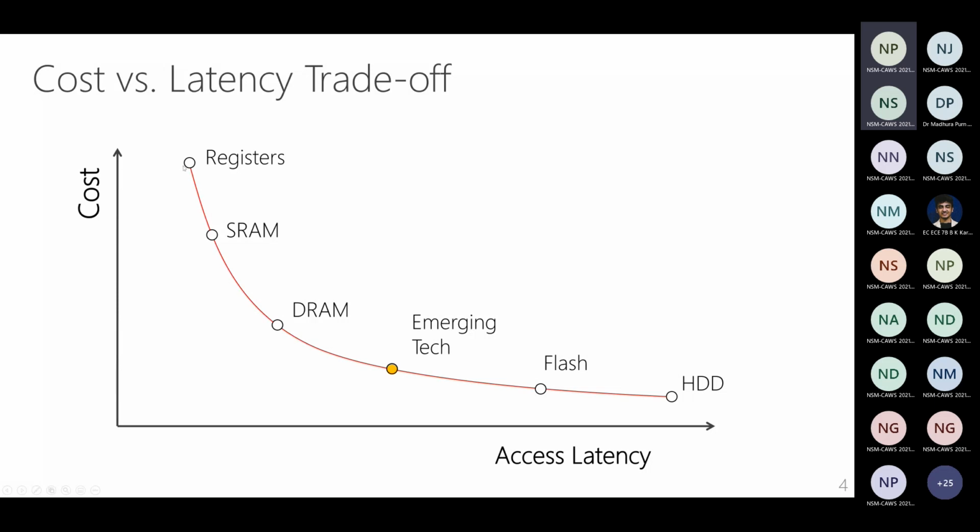Cost can be in many factors, but even if you think of the number of transistors that you have to spend to build these registers, the cost is very high. As you move to the right, SRAMs give you slightly higher latency. Many of you would have attended the caching lectures. Caches are typically made using SRAM. More recently, they're also. Let me pull up the laser pointer here.